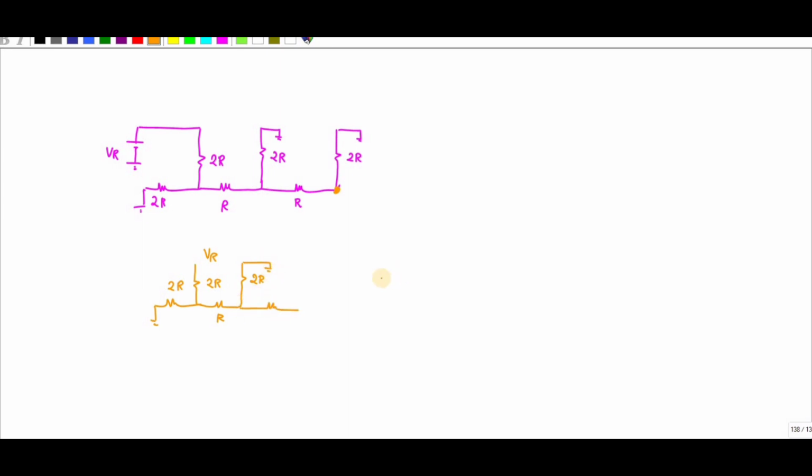This one is 3R. Now you can see 3R and 2R are in parallel. So 3R times 2R divided by 5R gives 6 by 5 R.